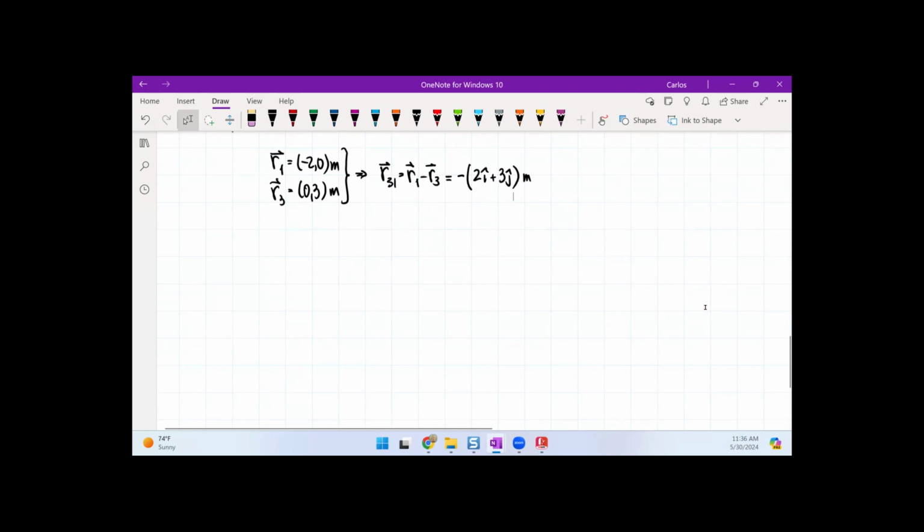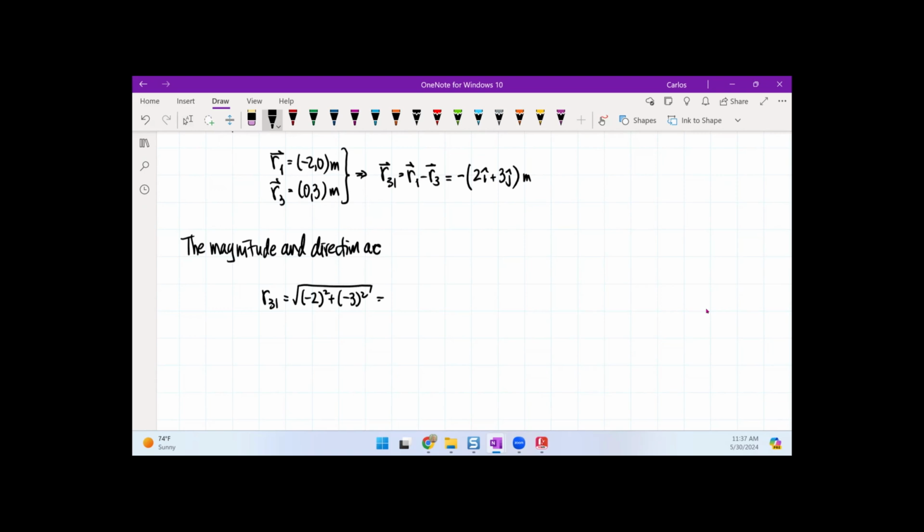Doing this, I can calculate the magnitude and direction. r31 will be the square root of -2 squared plus -3 squared, which gives a value of 3.61 meters.